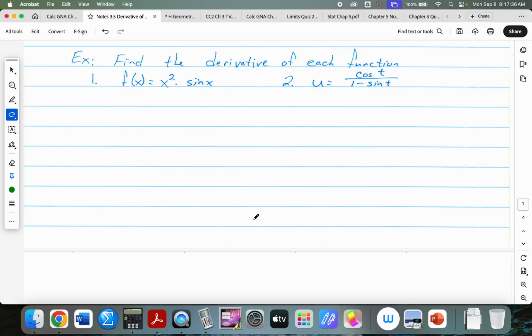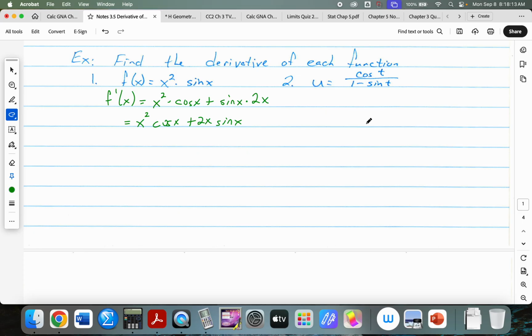But here, we'll use the product rule to find that f prime of x is the first factor, x squared, times the derivative of the second factor, the derivative of sine of x being cosine x, plus the second factor, sine of x, times the derivative of the first factor, which is 2x. So that's x squared cosine x plus 2x sine x.